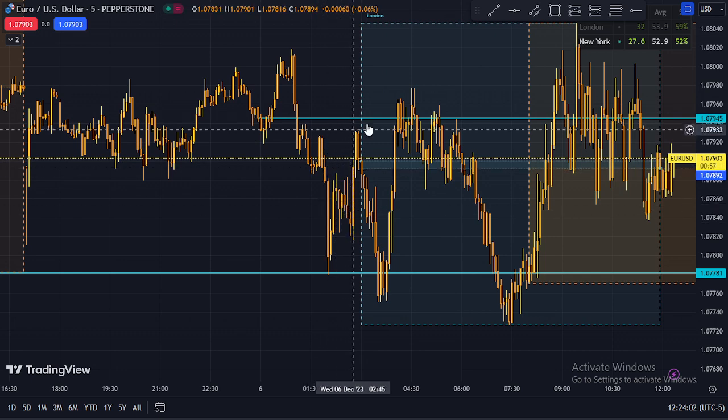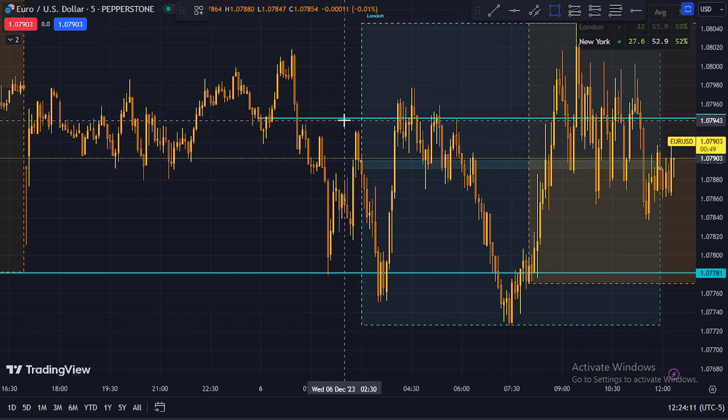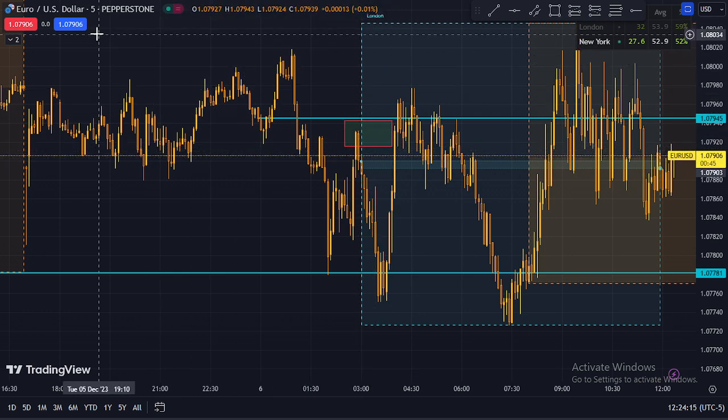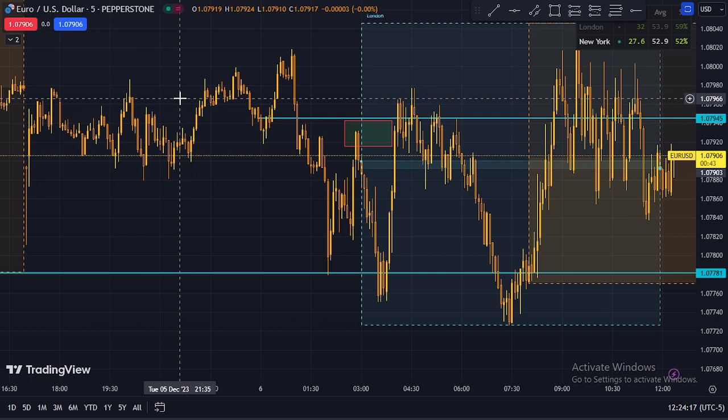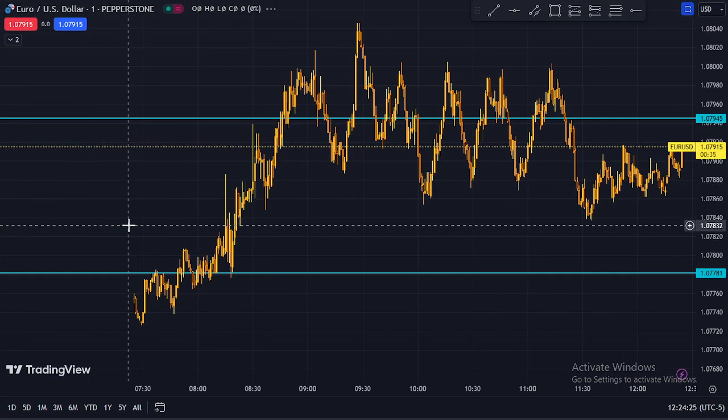So we went to a premium close enough to the midnight opening price, and right there is where we could have framed our entries. Normally we take our entries on the 1 minute chart, so let's go to our 1 minute chart.